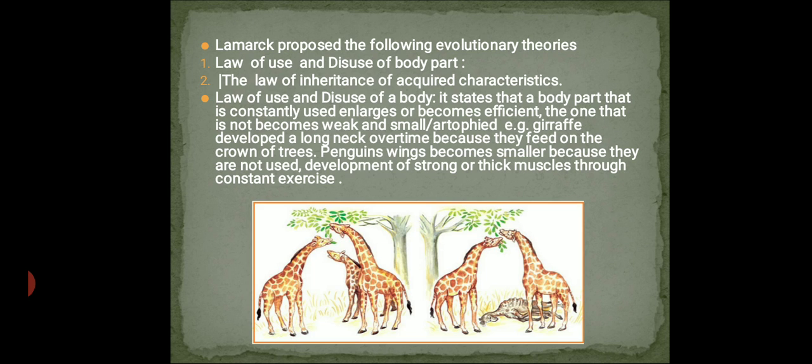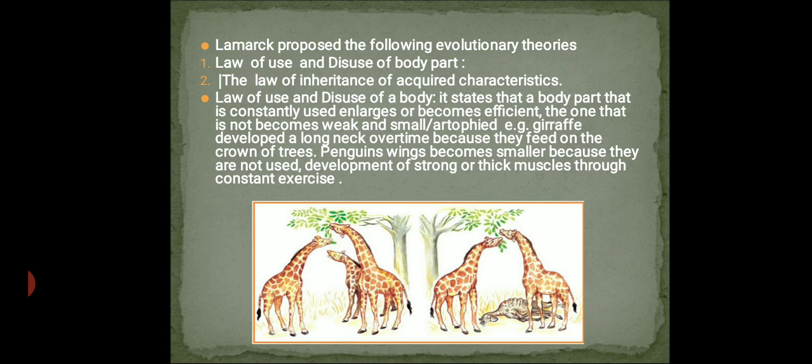According to Lamarck, there was a time when there was no vegetation, no grass around for the giraffe to feed on because of famine and natural disaster. The only thing that they could feed on was the crown of a tall tree.